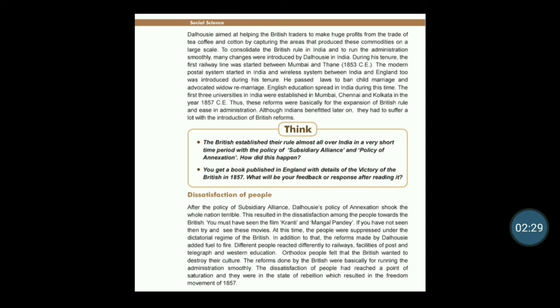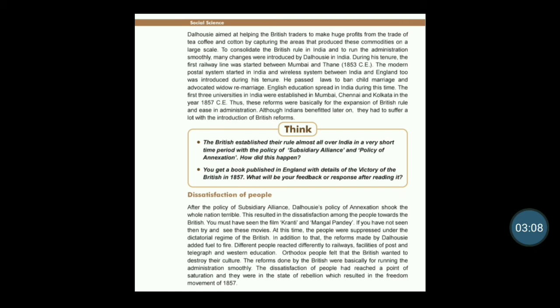These reforms were basically for the expansion of British rule and for the administration. Although Indians benefited later on, they had to suffer a lot with the introduction of British reforms. So this was about the policy that Dalhousie started.